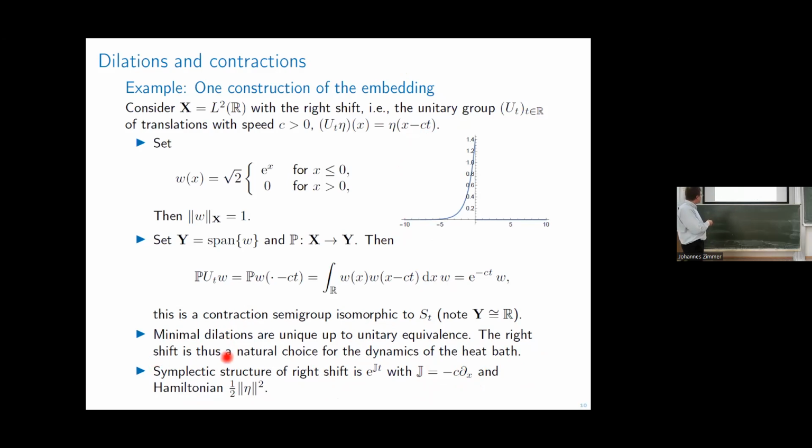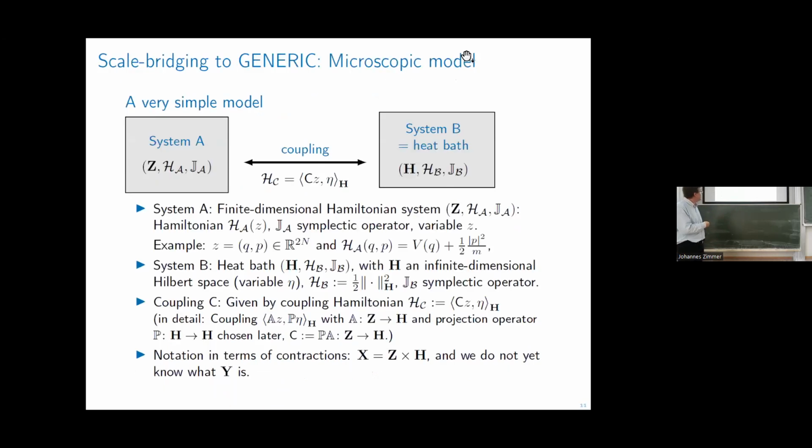And when we compute that, the Hamiltonian is then simply the L2 norm. In a sense, this is really the natural thing. It's, up to isomorphism, the only minimal dilation in this case. So we will take this Hamiltonian for the system. So this is finally the model, but it was important for us to understand how we got the model. The previous slide took us 5 years to understand. Once we got there, everything was much easier.